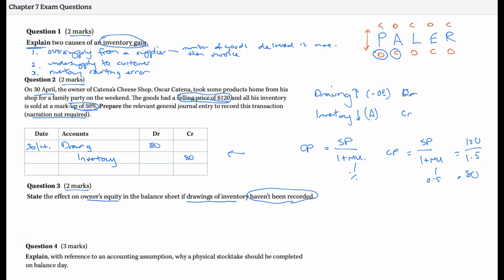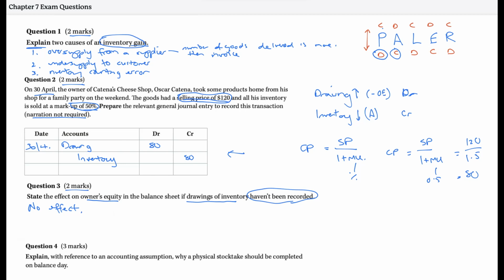But here, we're actually going to say, if we think it through, there is no effect. And you're probably going, how is there no effect? Surely if we didn't record this, our numbers will not be accurate. But it would ultimately be accurate, because what would happen? We would not record the drawings, but this would be identified when we did our count, and we would be recording an inventory loss.